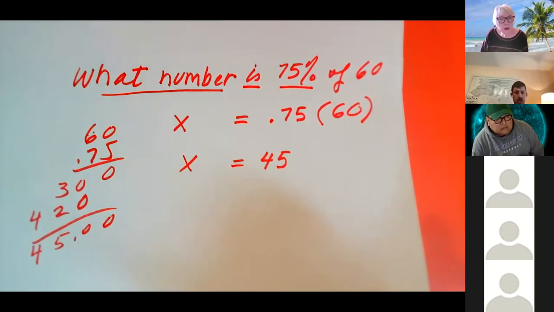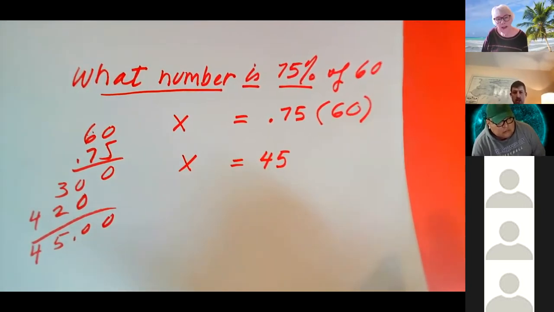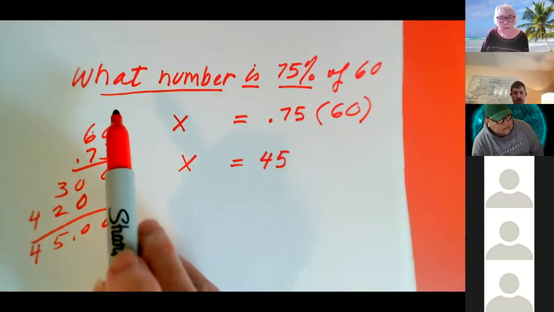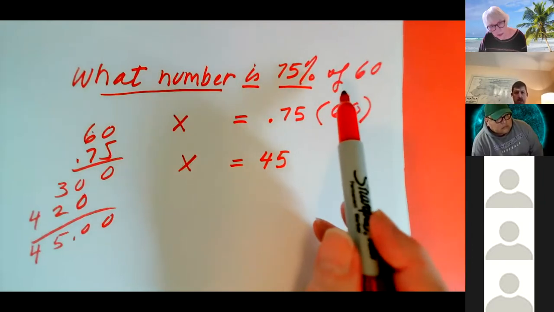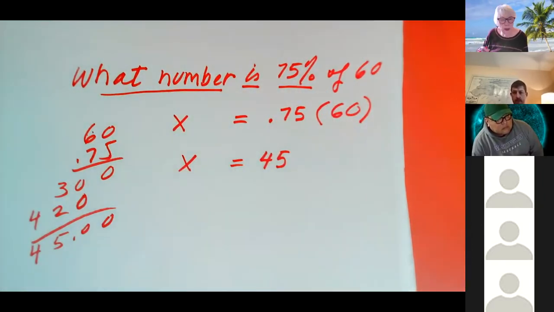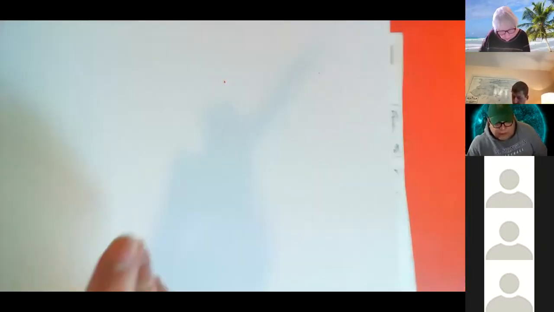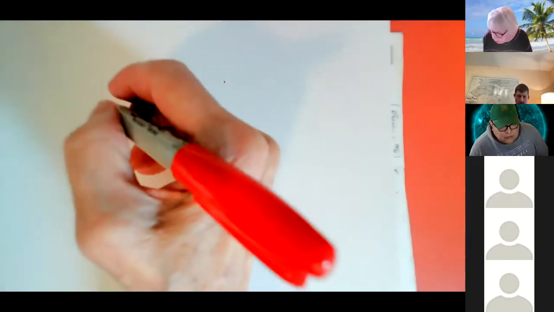And if somebody wants to see this as a proportion, but I think they kind of call it basic percent problems, where it's not a word problem at all. It's just like that. I think this might be the easiest way, but I'll show you the other one. Here's the next one.